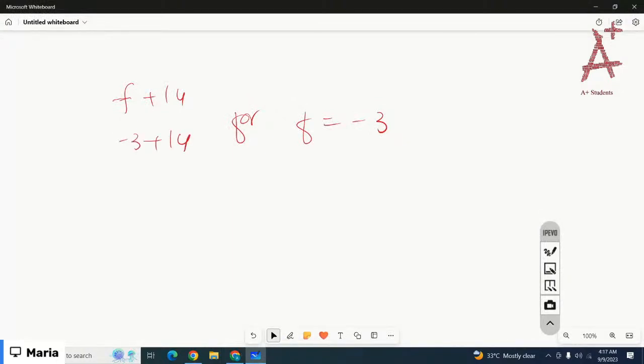So the greater number is 14. 14 is positive, so the answer must be positive, and 14 minus 3 is 11. So it would be positive 11, right?